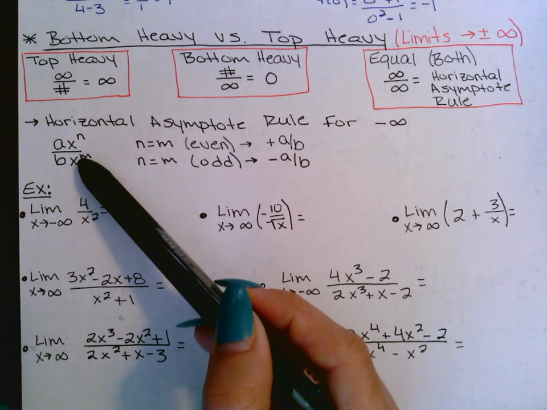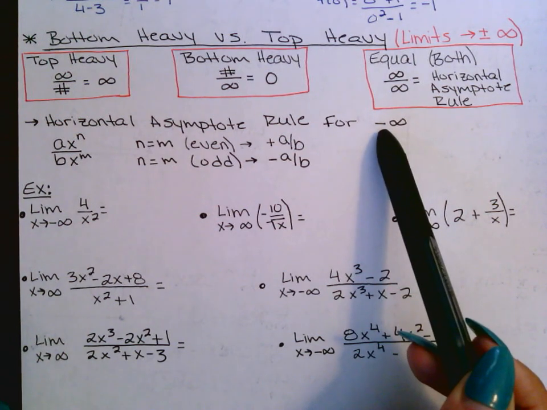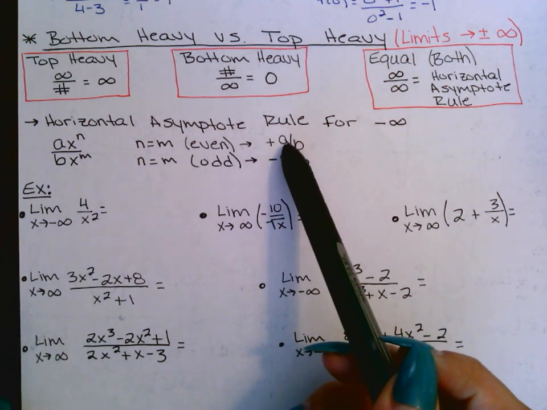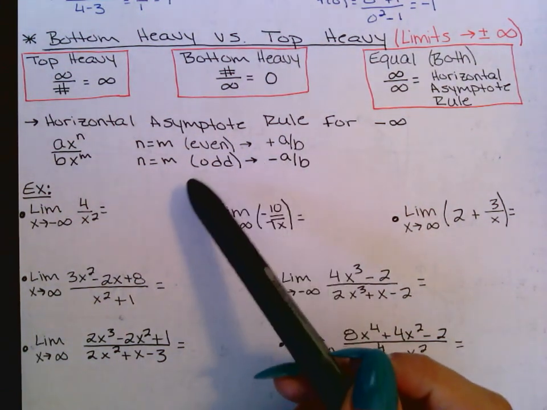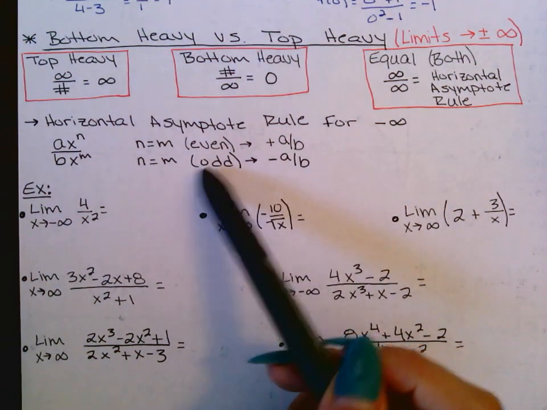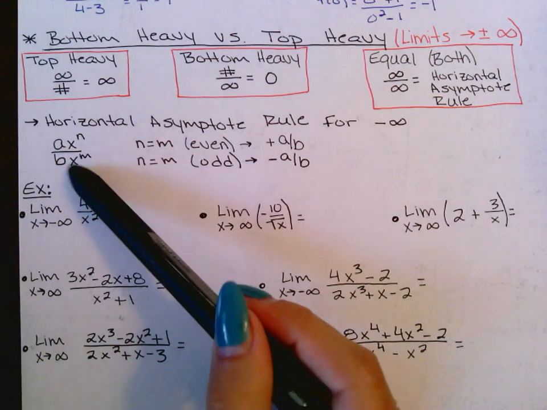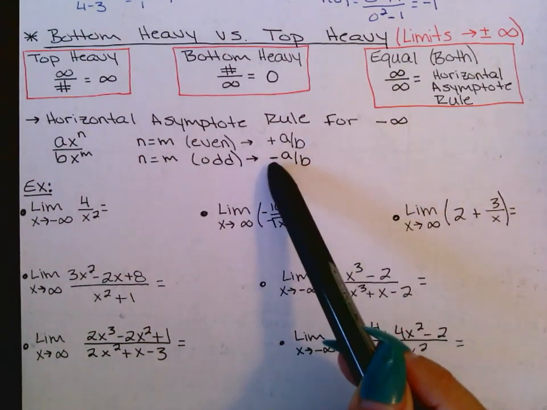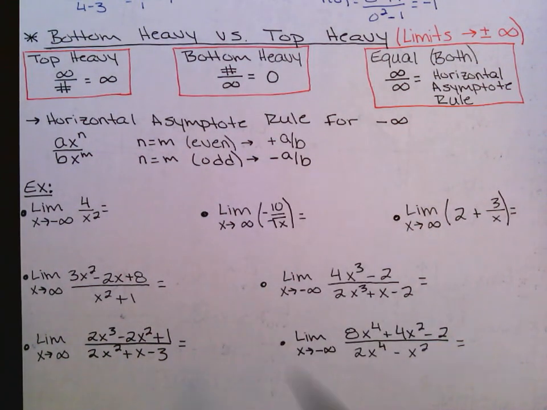But if I plug in a negative infinity, if those exponents were even, then I still just use the positive A over B. But if the exponents were odd, let's say it was an x cubed and an x cubed, then I need to take the negative that I used for the infinity and include it in my answer. Now, again, this might sound a little arbitrary as I'm going through the rules, but as you start seeing the problems, hopefully this makes a lot more sense. So let's check it out.